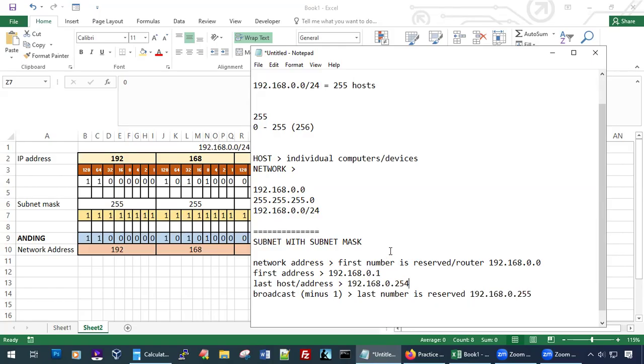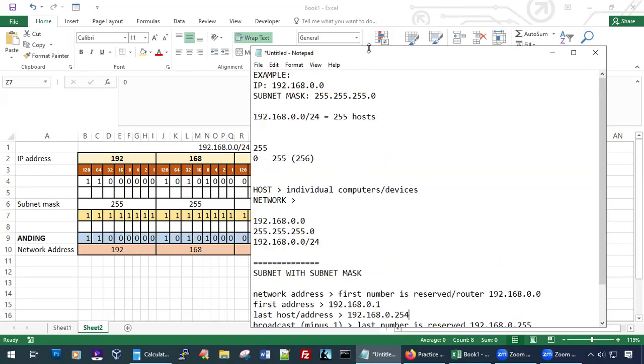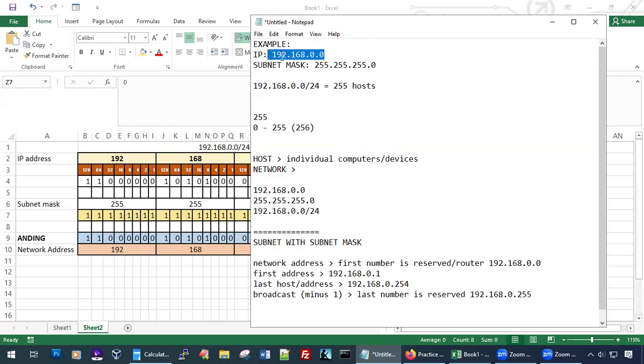So that is how you arrive at this when you have a combination of IP address and subnet mask. Again, in CIDR notation, you basically say /24, same thing as this subnet mask you have here, 255.255.255.0.